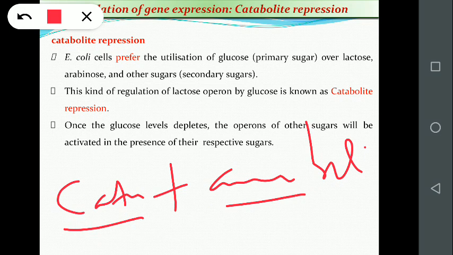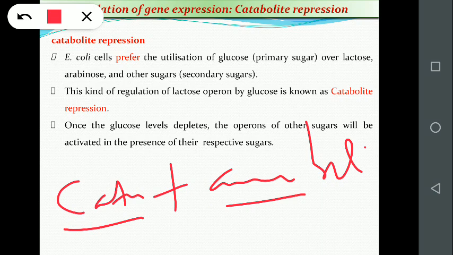So there are different types of energy sources for the bacterial cells. You can add glucose, lactose, mannose, sucrose, or whatever it may be. If the organism is capable of utilizing those catabolites for the production of energy and material, then you can use them.